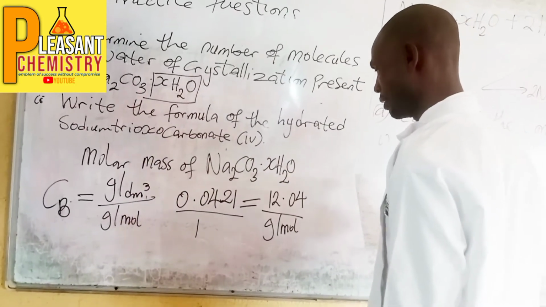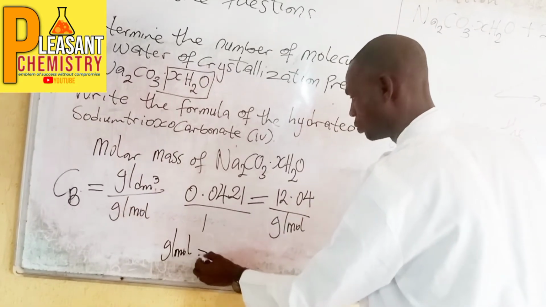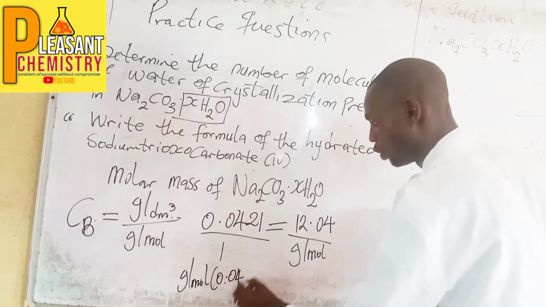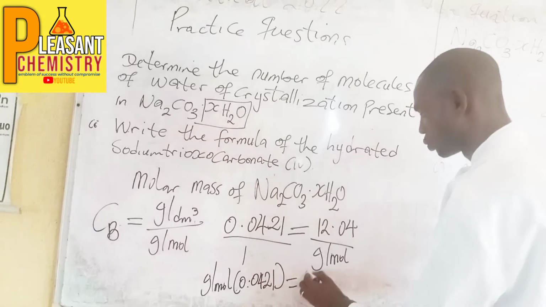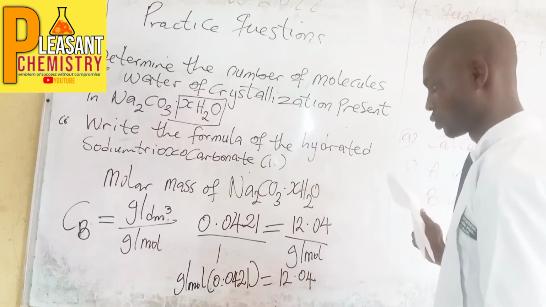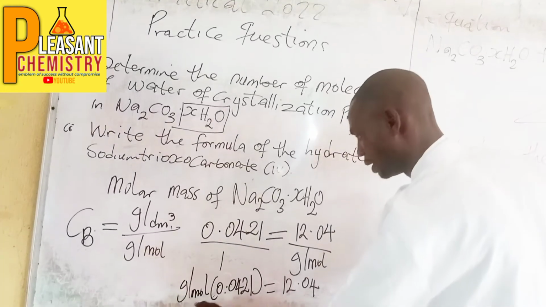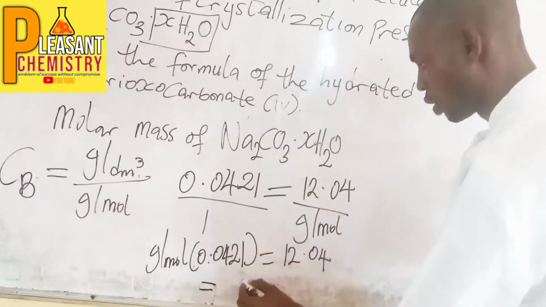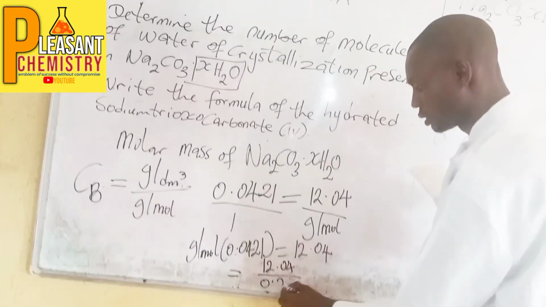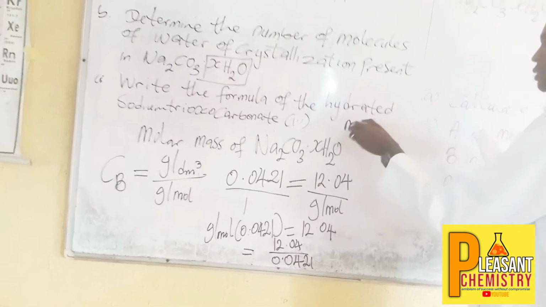So gram per mole multiplied by 0.0421 is equal to 12.04. Making gram per mole the subject, our molar mass will now become 12.04 divided by 0.0421.